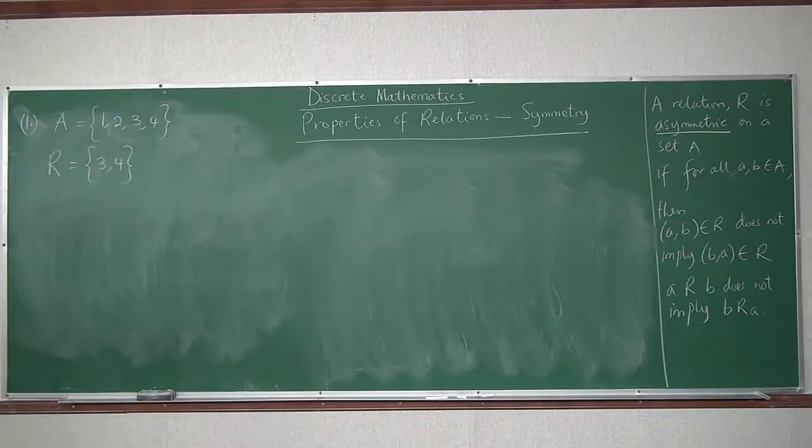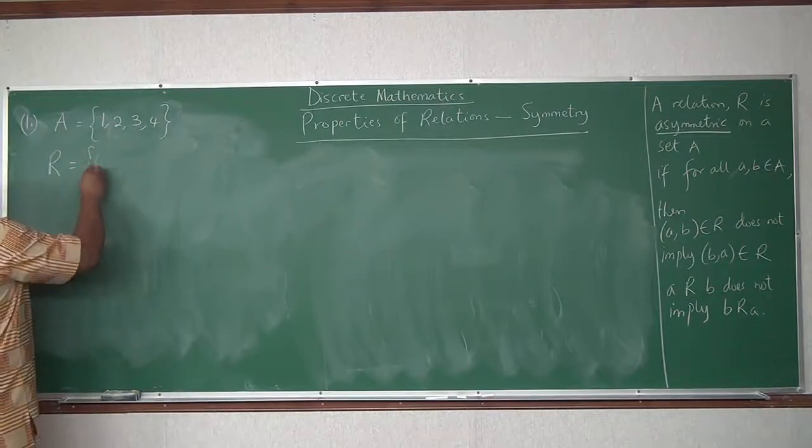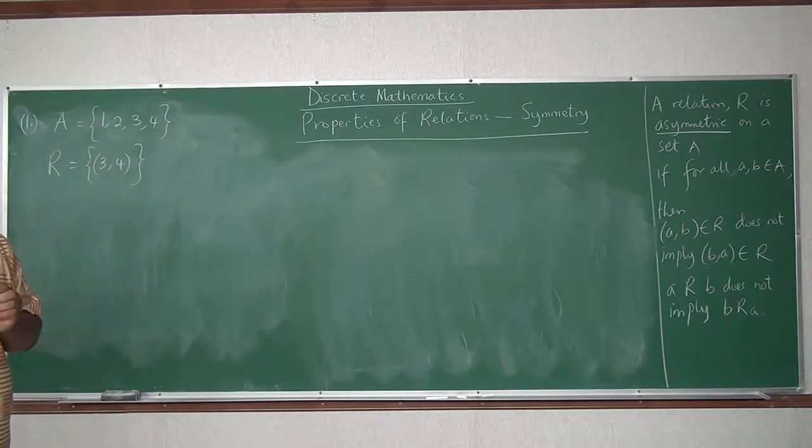A by A. The relation is a set of ordered pairs, so we have it like this: (3, 4) only. It has to be an ordered pair, because a relation is a set of ordered pairs. So if we look at this, folks, we have (3, 4), but we don't have (4, 3).